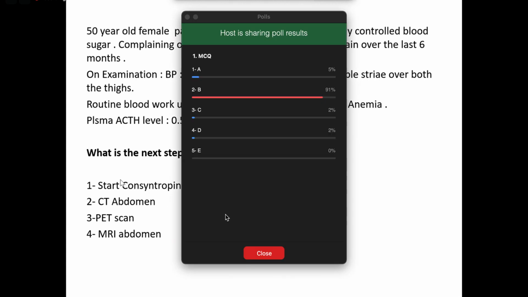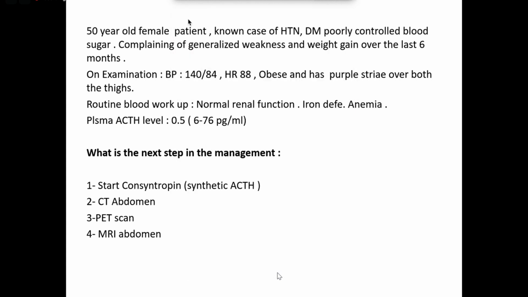Okay, so this is a Cushing syndrome. We have to localize, is it right or left adrenal adenoma?